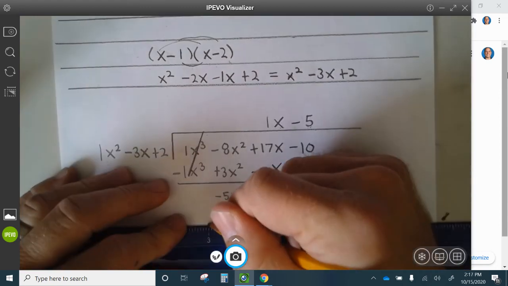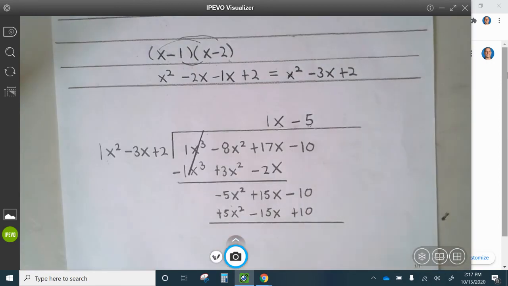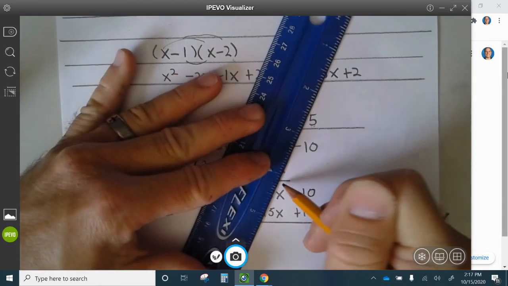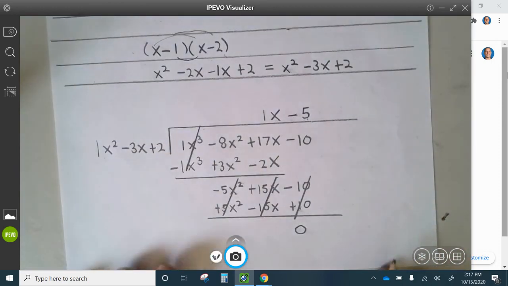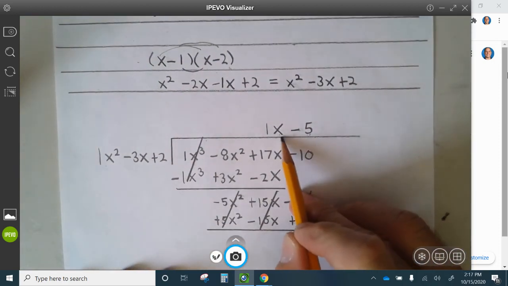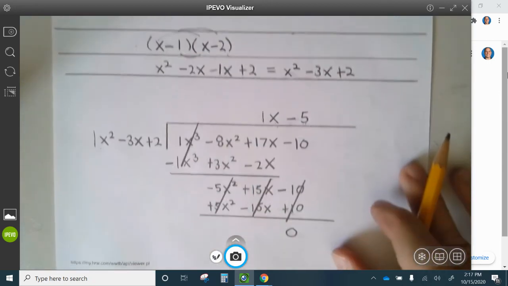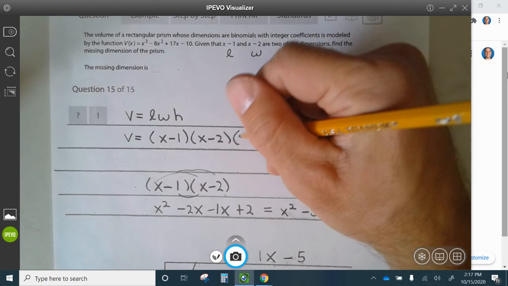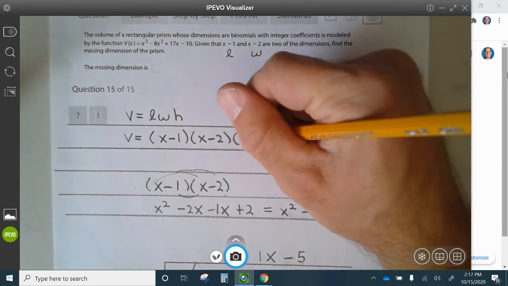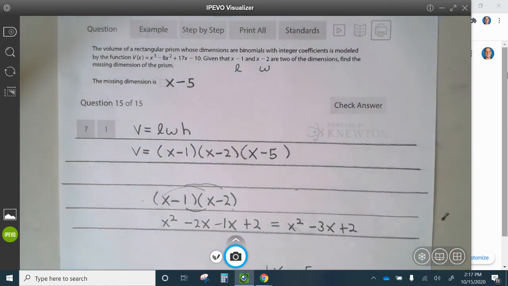Cancels, cancels, cancels, remainder 0. So the remaining dimension is x minus 5. The missing dimension is x minus 5.